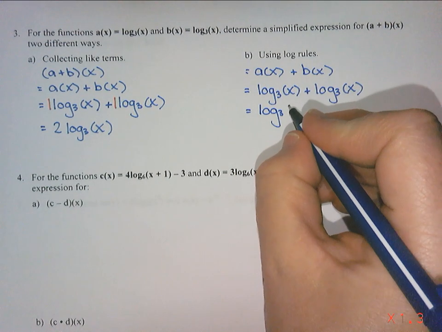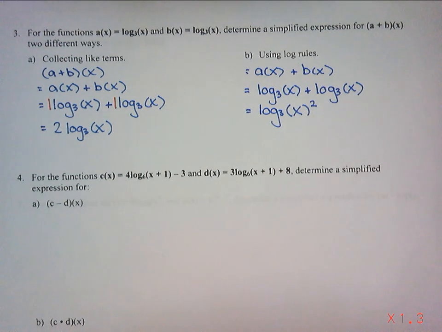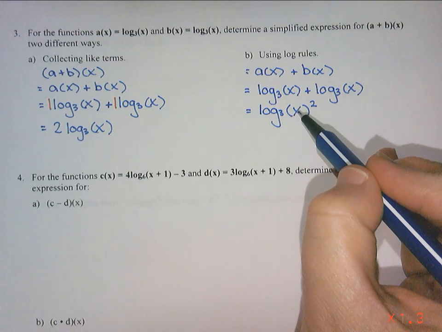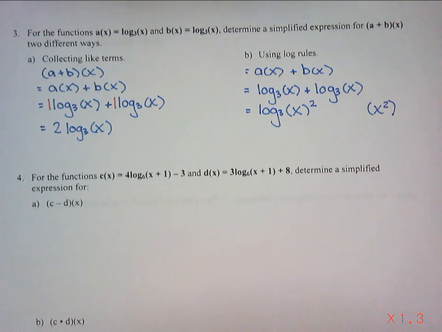Well, x times x is x squared. Now, I could put the square here outside the bracket. I could also put the square inside the bracket. It doesn't really matter. It is on the argument. It's not on the whole log, it's just on the argument.